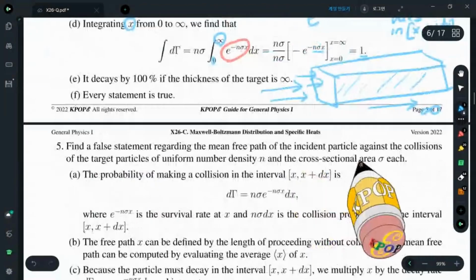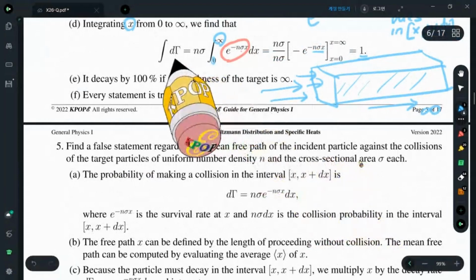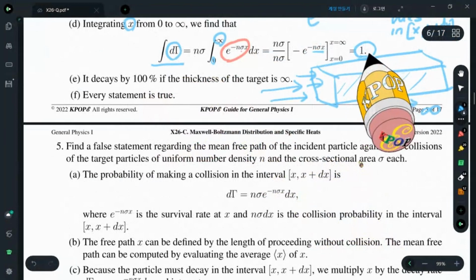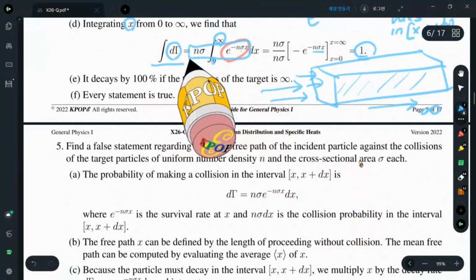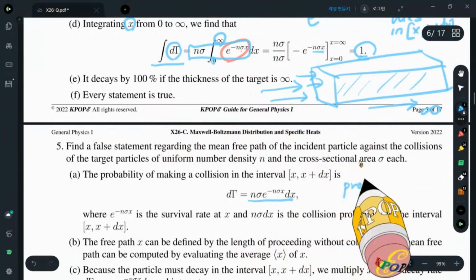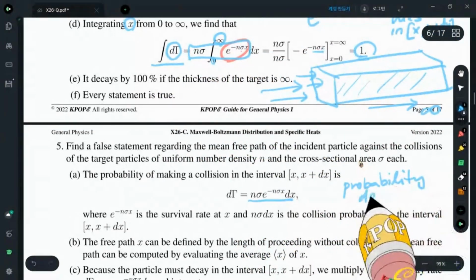So finally, this integral is 1, which means that this is a probability density function.